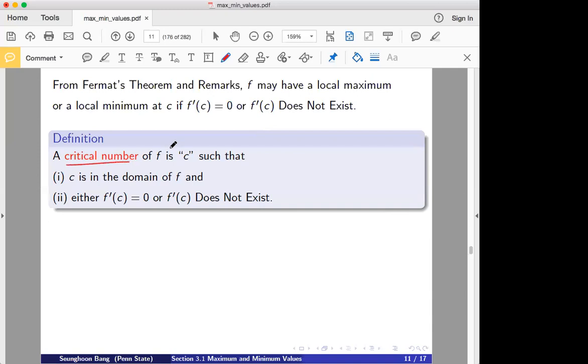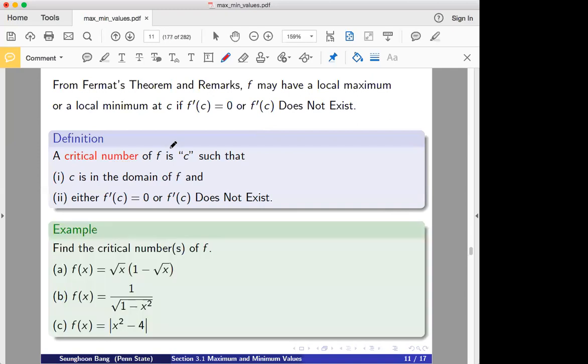I will give some examples. Find the critical numbers of f. First, f of x equals the square root of x times 1 minus root x. Second, f of x equals 1 over the square root of 1 minus x squared. Third, f of x equals the absolute value of x squared minus 4.